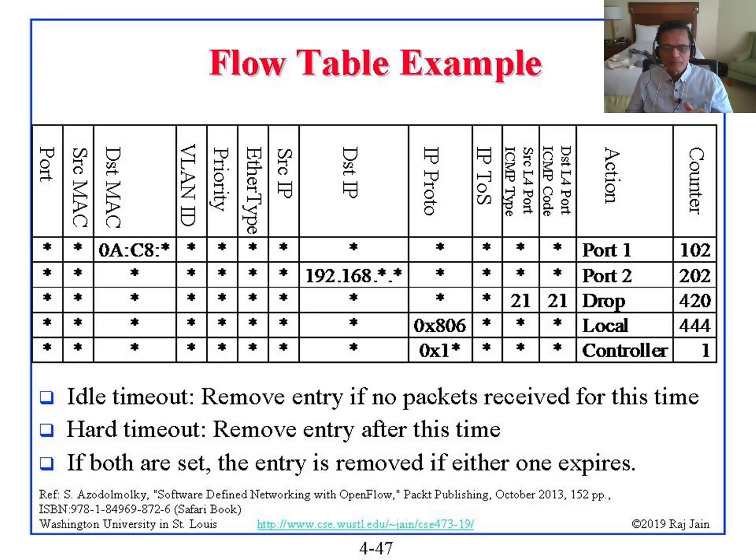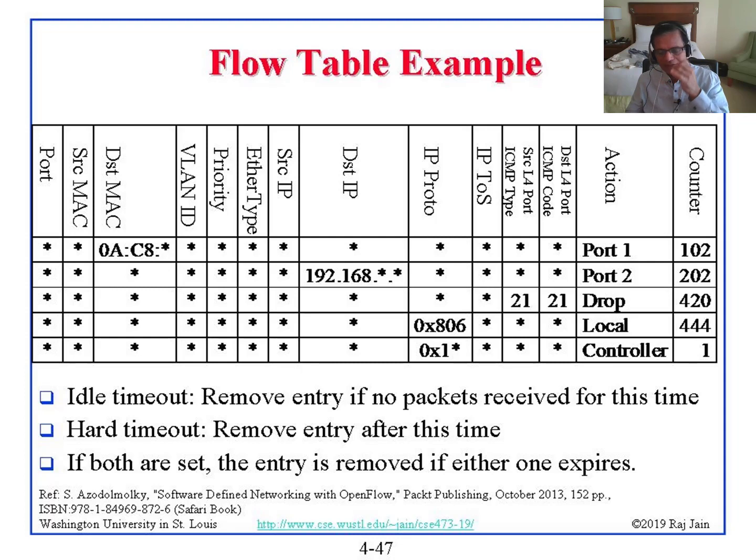VLAN ID doesn't matter, priority doesn't matter, ether type doesn't matter, source IP, destination IP, IP protocol type and destination L4 port don't matter. As long as something comes with a destination address beginning with 0AC8, we send it to port 1.